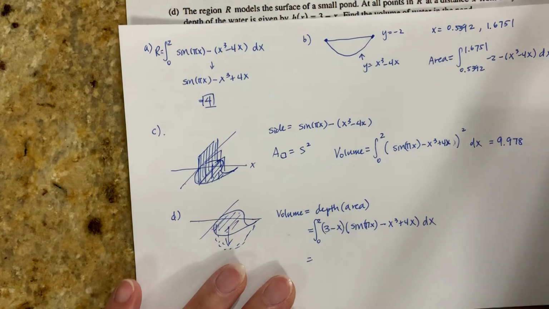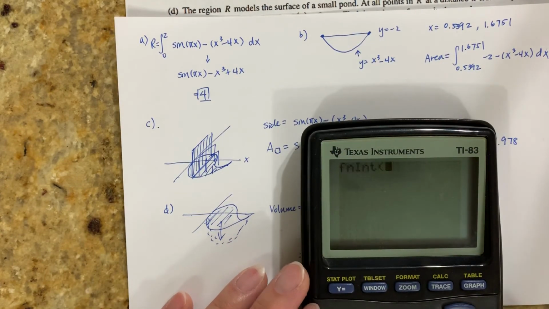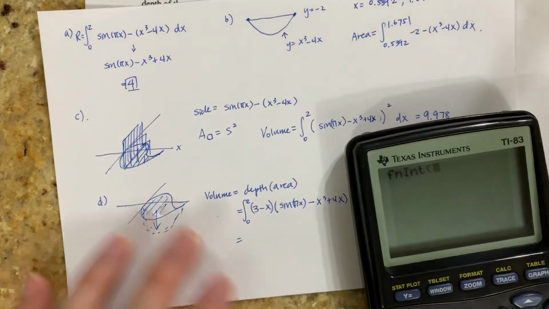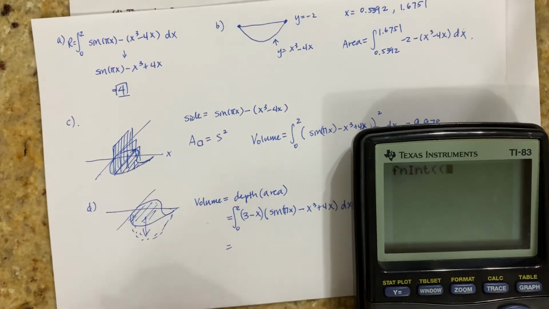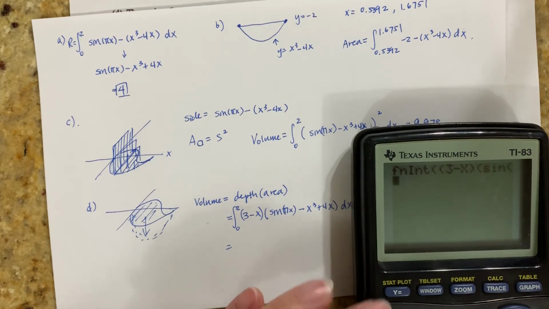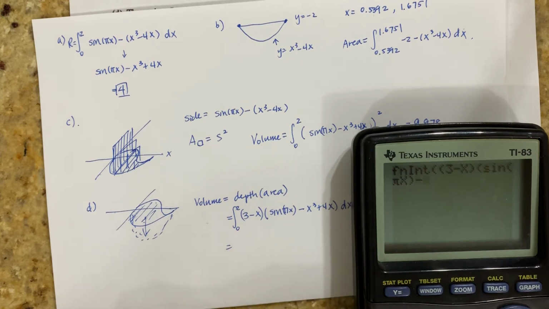All right. So last time to use our calculator. So math 9. Let's punch this in. It's going to be a long one. All right. So parentheses 3 minus x parentheses sine of pi x minus x cubed plus 4x close parentheses.